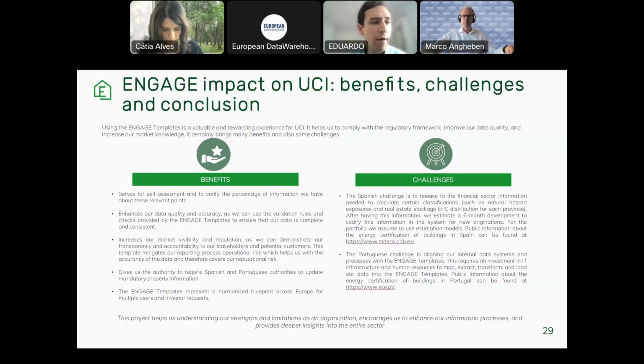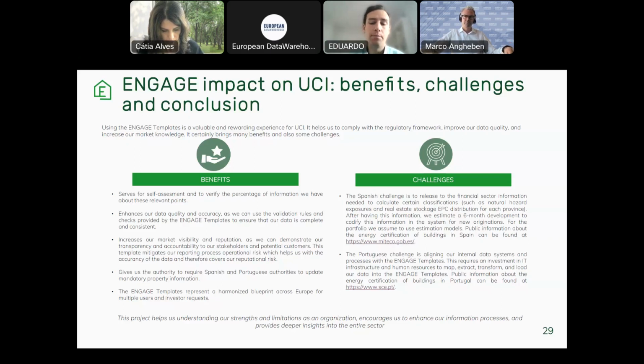Hopefully, with the arrival of the Energy Performance of Buildings Directive and the 2 years they have for its transposition, this will speed things up, and we will soon have more information.